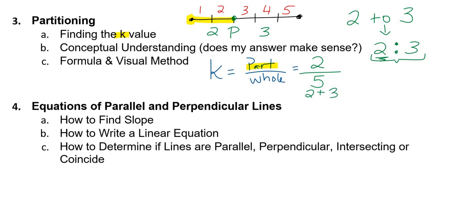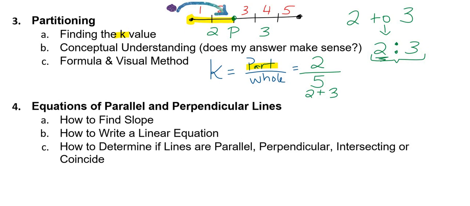Now, for a conceptual understanding, part B here, I have to know that when I solve for my partitioning point, it should be on my line segment. If I got an answer that was, let's say, all the way over here for my partitioning point, that wouldn't make sense because it's not even on the line segment. How can it divide the line segment if it's not even on it?